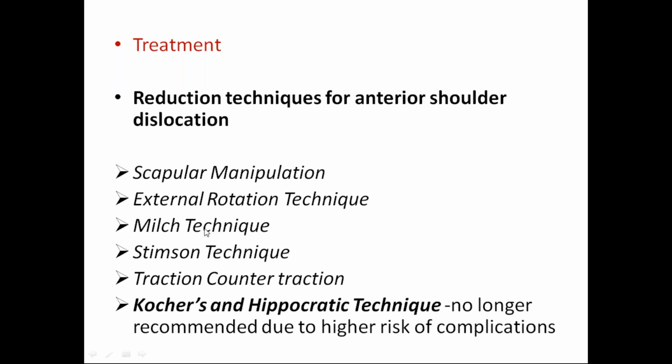So other techniques are Milch technique, Stimson technique, traction counter traction technique, and Kocher's and Hippocratic technique. Kocher's and Hippocratic techniques are associated with high energy traction, so they are no longer recommended due to high risk of complications, mainly brachial plexus injury.